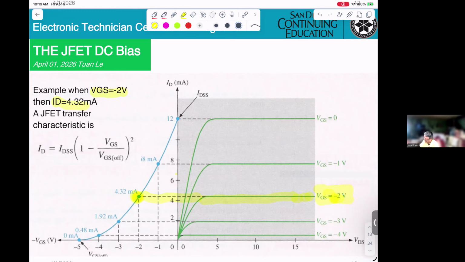Then ID equals 4.32 milliamps. This is the formula to calculate ID: ID equals IDSS times (1 minus VGS over VGS(off)) squared.